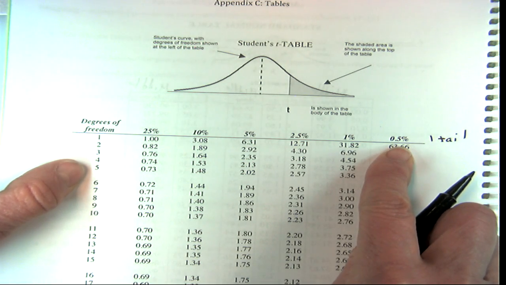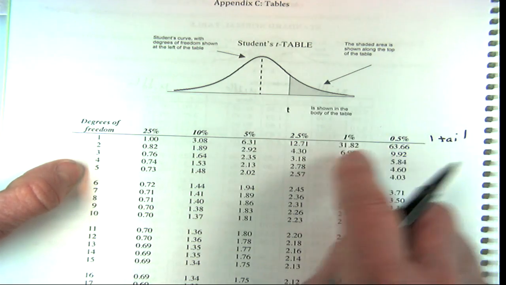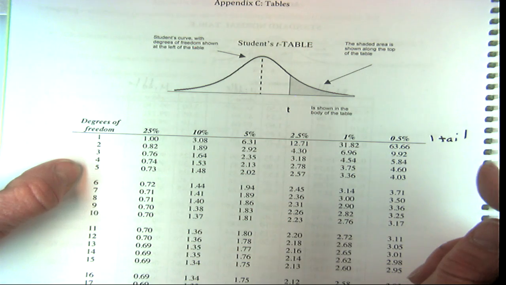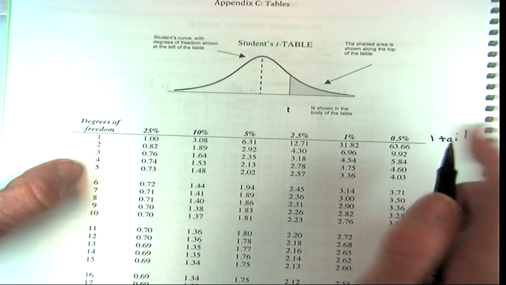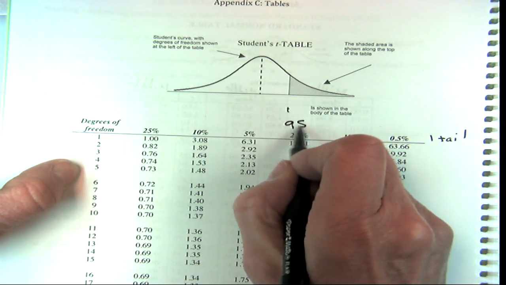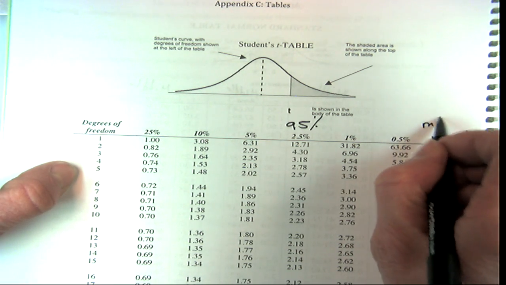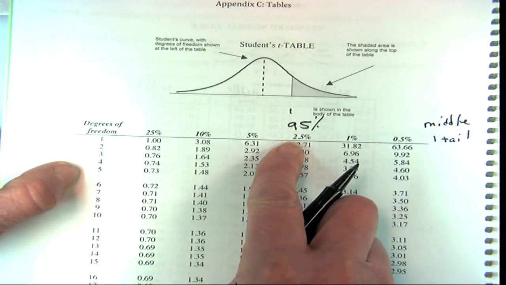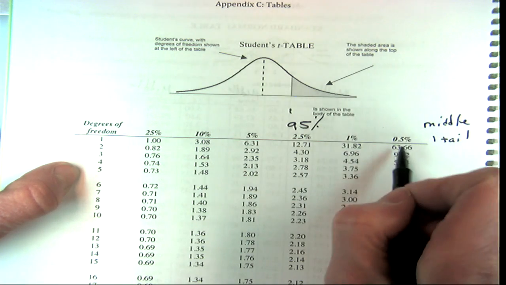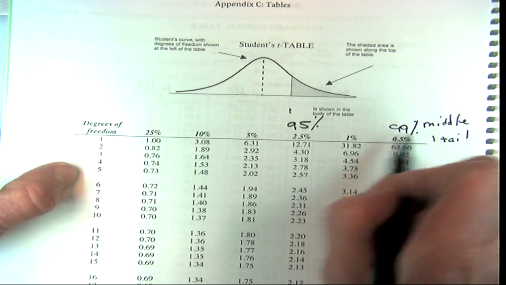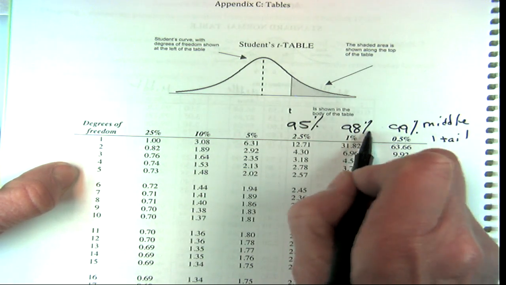We want a 95% confidence interval, so this would be the middle area. That's one tail, so double it, right? This would be a 99% confidence interval, 98%, etc.